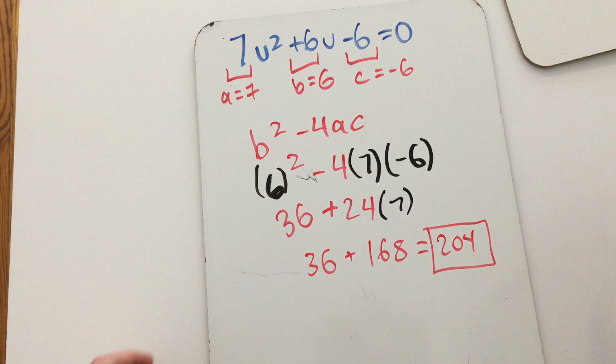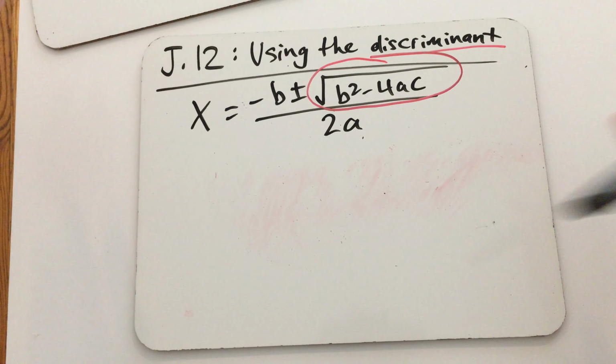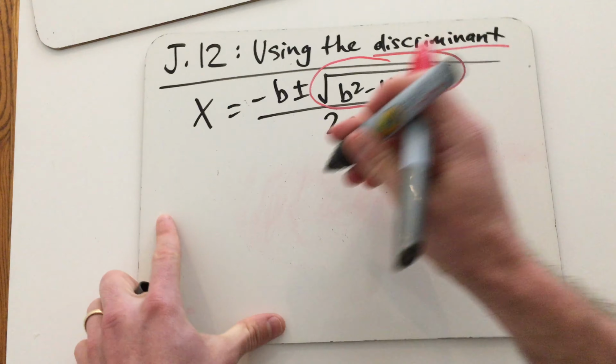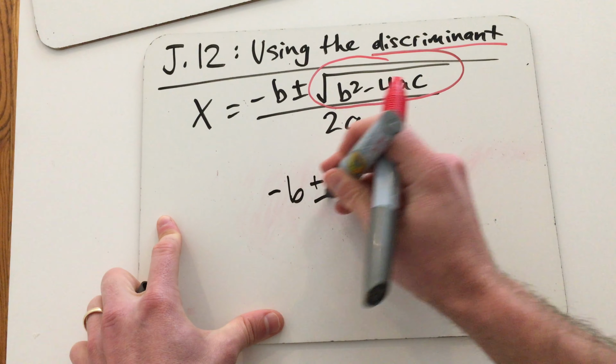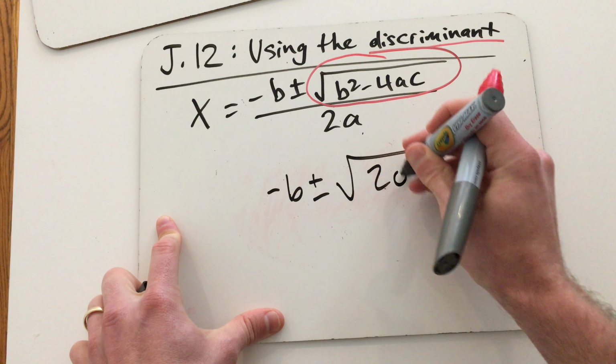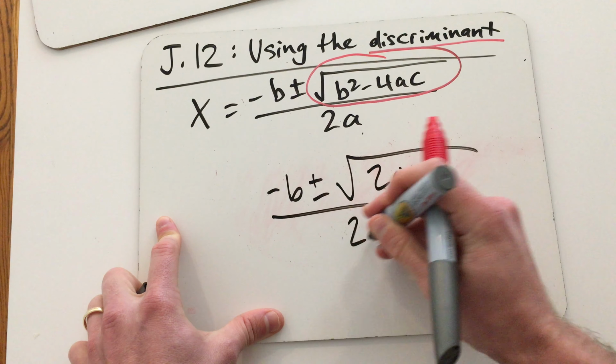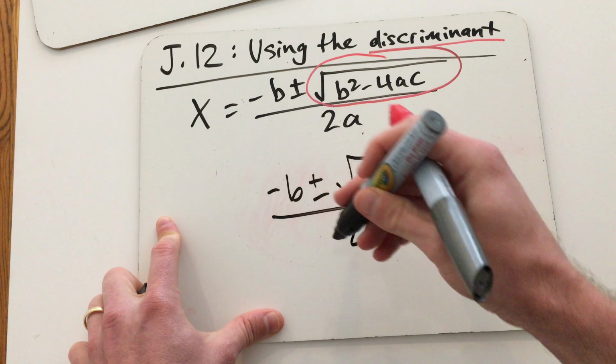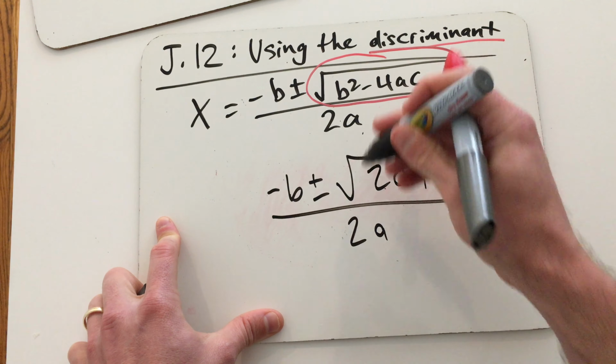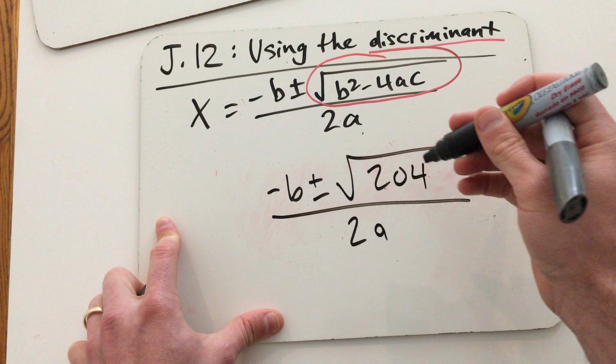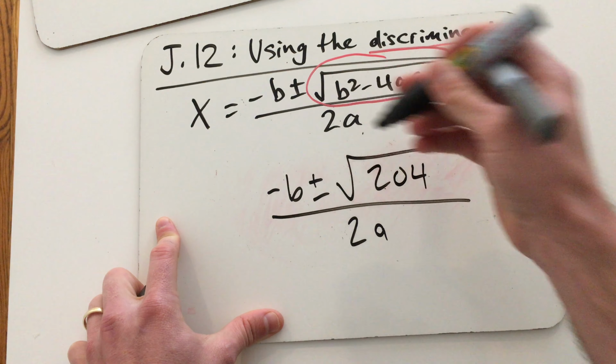Now what this tells us, imagine if we plugged in 204 here, right? So if we have negative b plus or minus the square root of 204 over 2a, no matter what these other values were, since this is a positive square root, it's going to have two answers. It's going to have the positive version and the negative version.